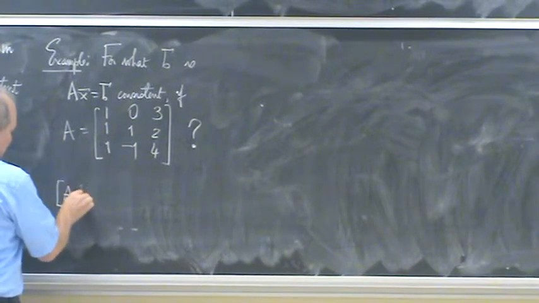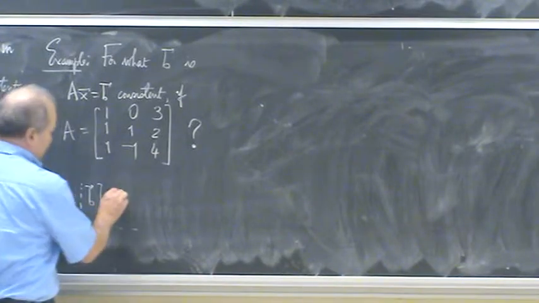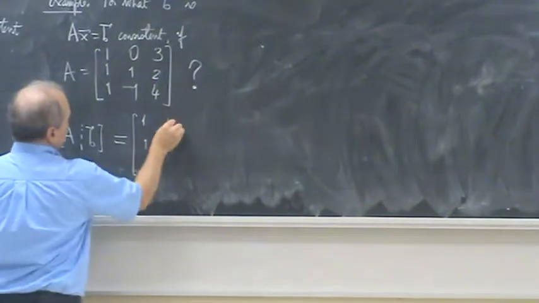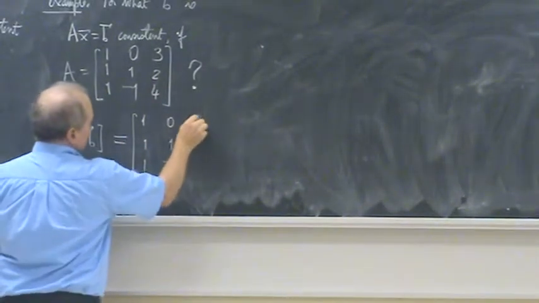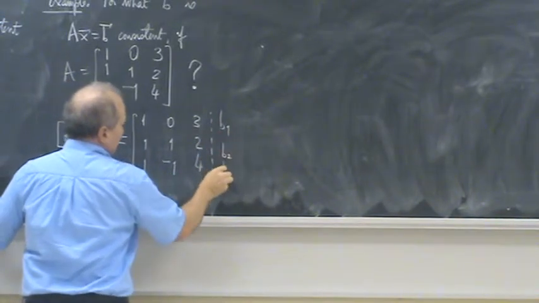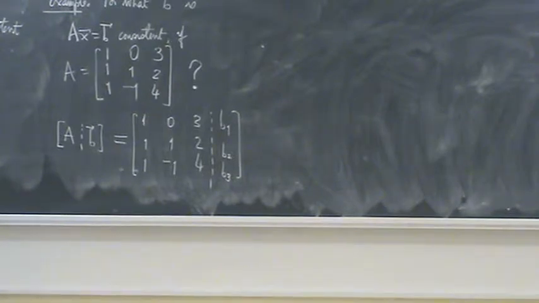Well, make yourself an augmented matrix, and put a b on the right with actual letters signifying unknown components for that vector. And now how are you going to decide if this is consistent or not?